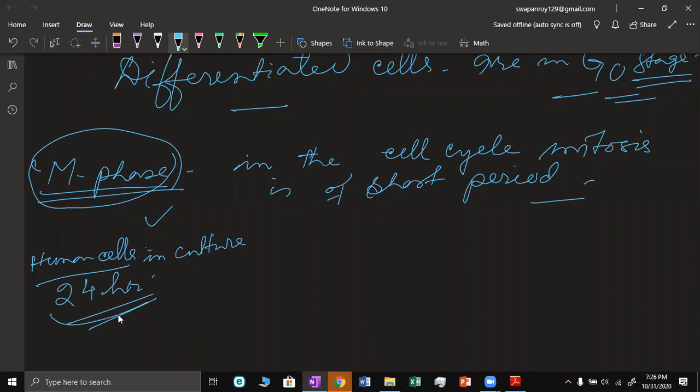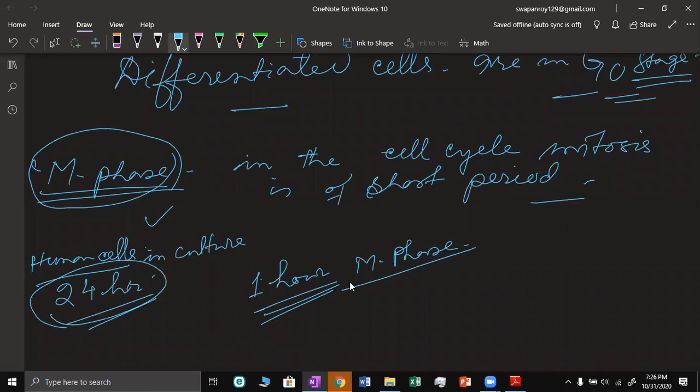And out of this 24 hours, the cell division, the M phase, mitosis, is about 1 hour. So mitosis takes less time.